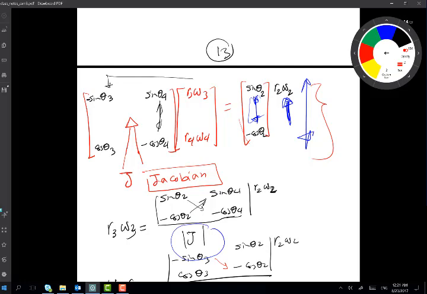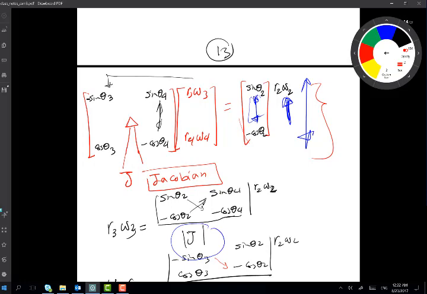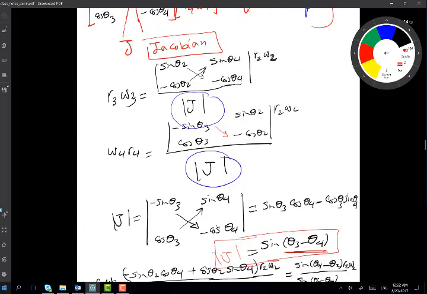Okay, so we will use this Jacobian as a tool to study the mobility of the linkage, as to whether you have extreme positions or not, or whether the linkage is going to stall or not. So the Jacobian itself is a very powerful tool in that sense.